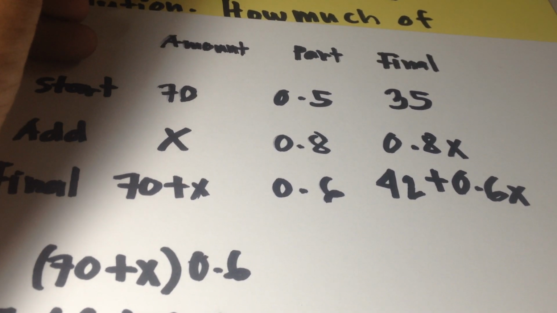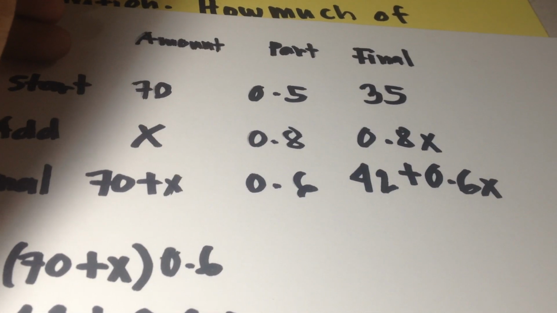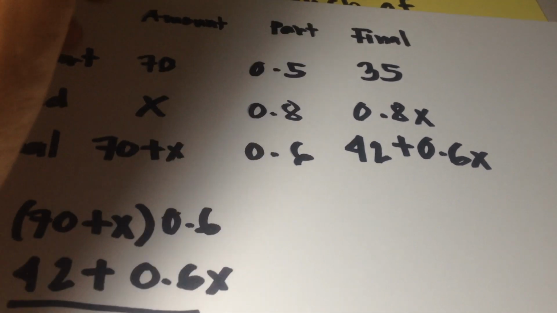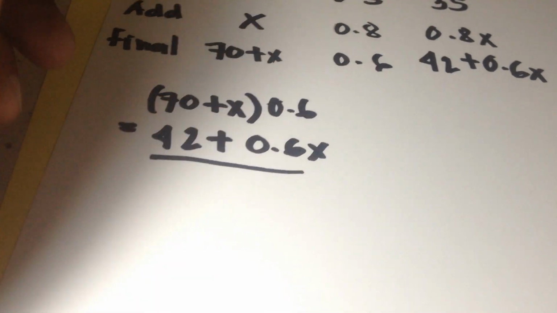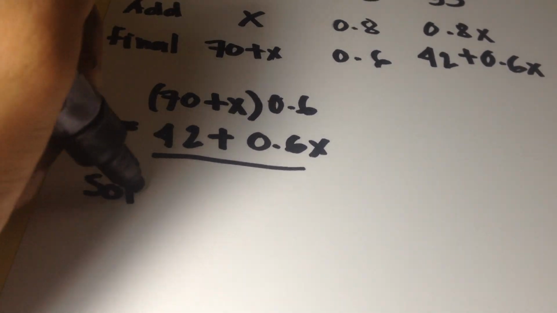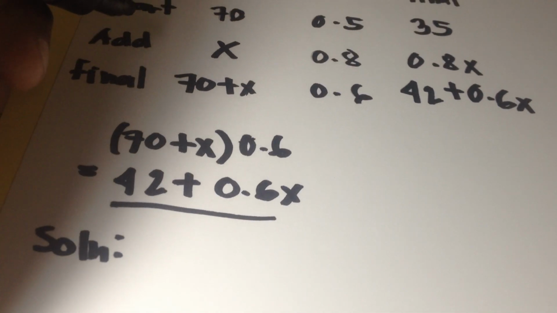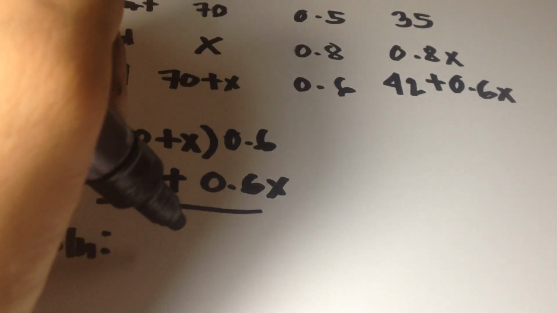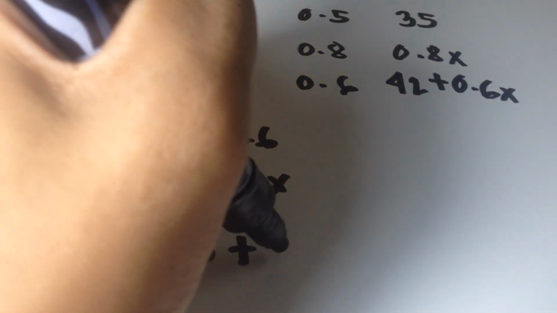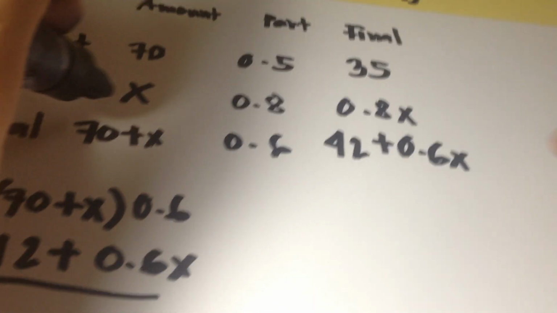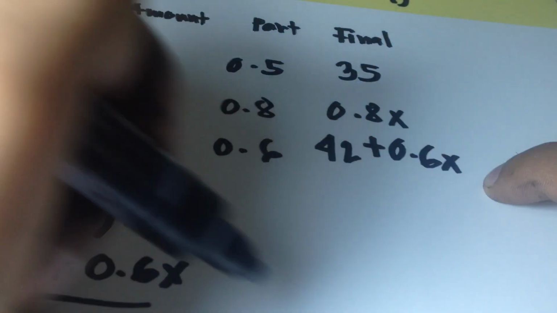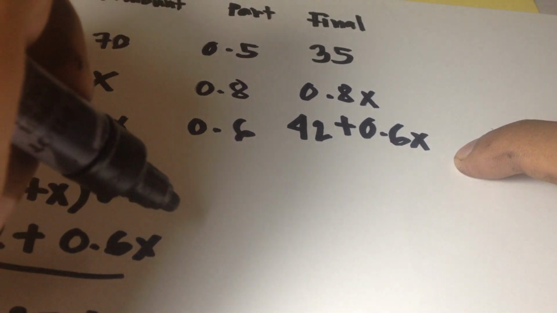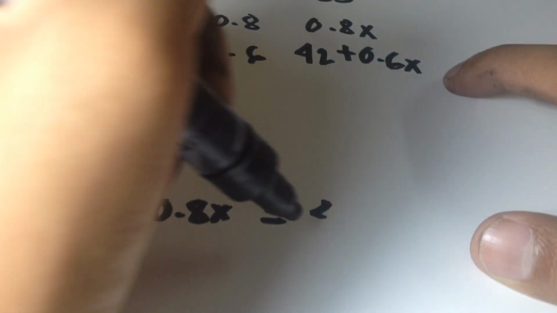Now we use the algebraic equation. 35 plus 0.8x is equal to 42 plus 0.6x.